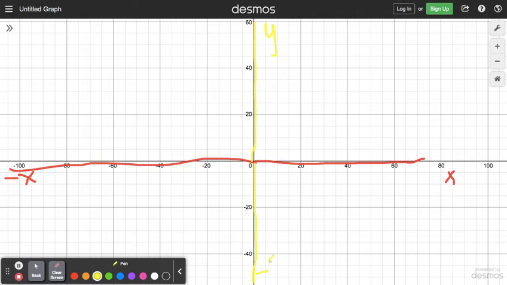And then in the opposite direction going down, that is the negative y. So that is our first definition. A coordinate plane is the space created by a horizontal or x-axis, and a vertical number line, which is your y-axis.